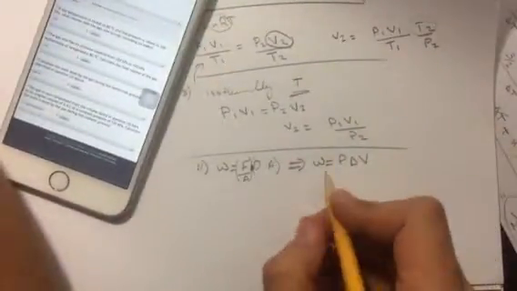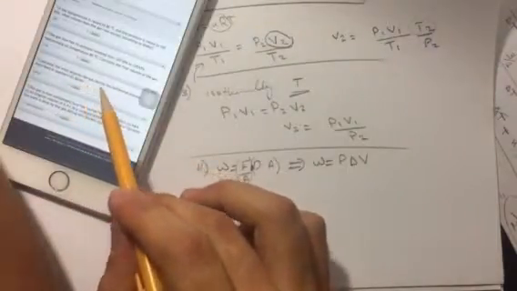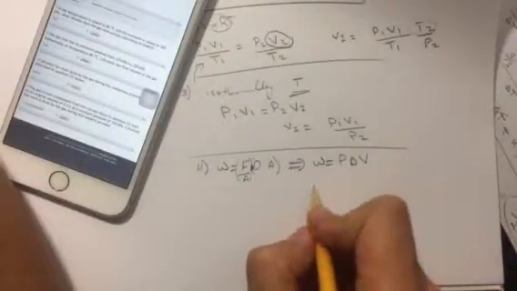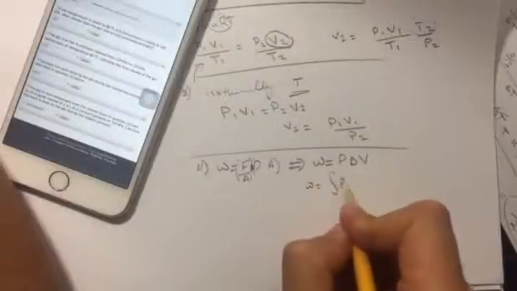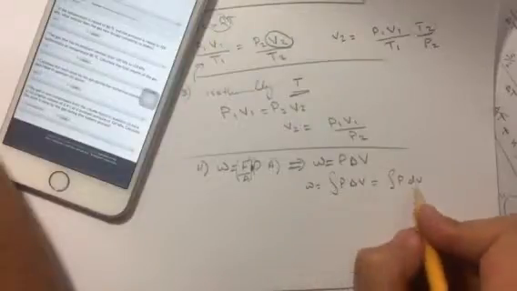So we integrate now, because the pressure changes with the volume. The work is going to be equal to the integral of P dV.